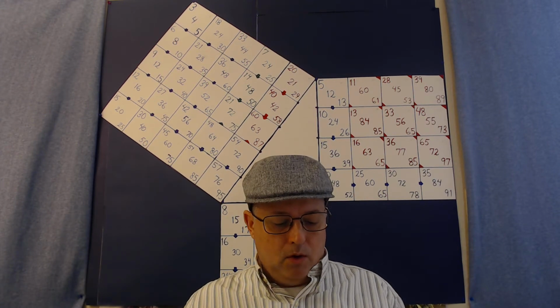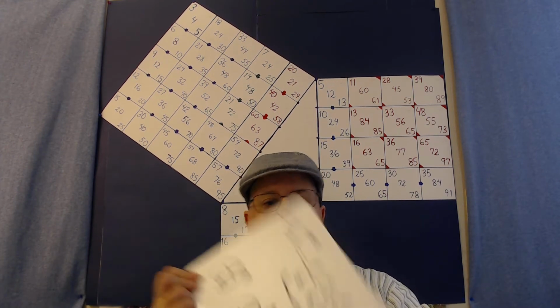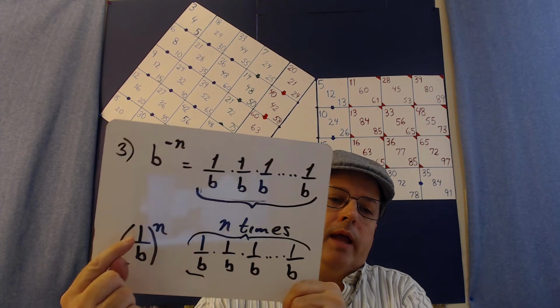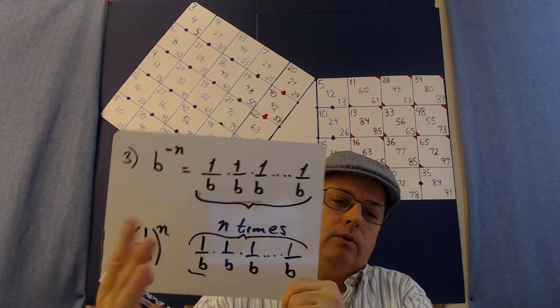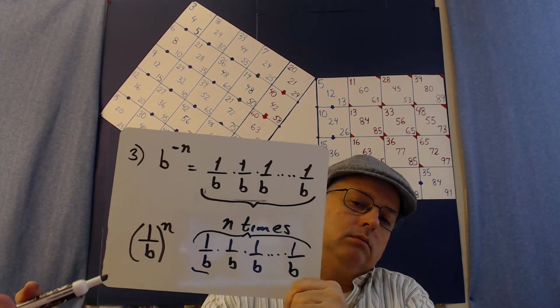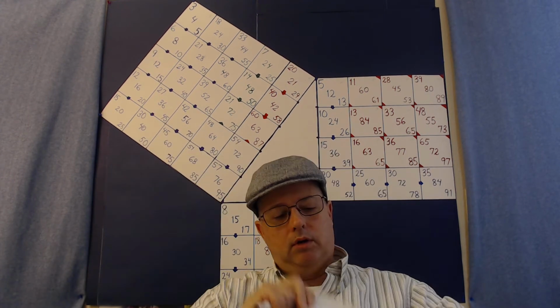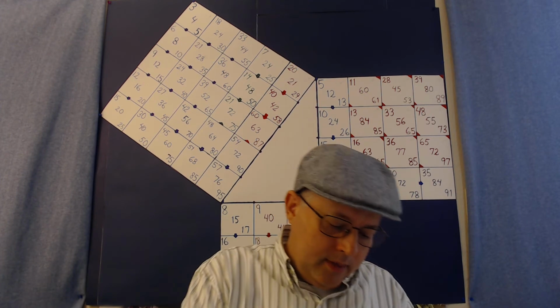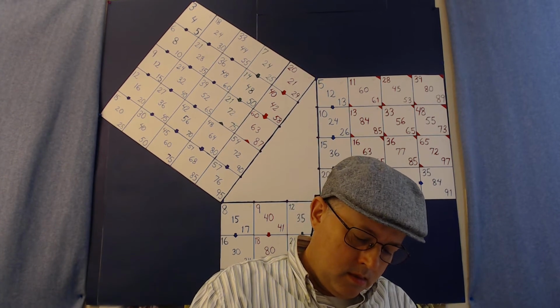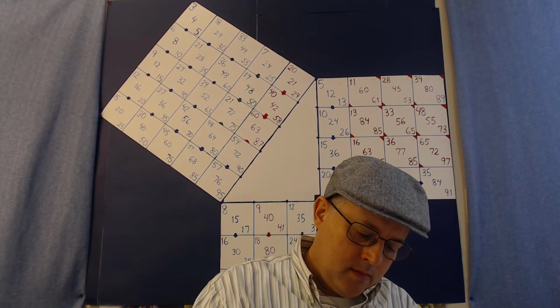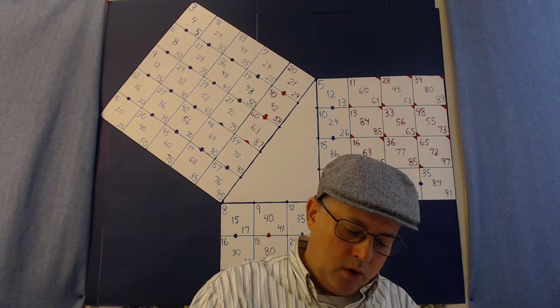And now, one other thing that we want to make clear is that when we have 1 to the n, well, that's just 1. Another way of writing this is to say that 1 over b to the n is the same as 1 over b to the n.